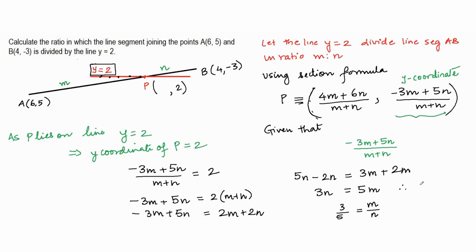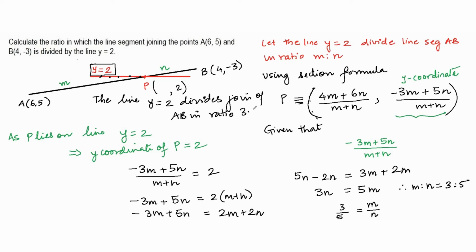Therefore m is to n is equal to 3 is to 5. Therefore, the line y equals 2 divides the join of AB in the ratio 3 is to 5. This is my final answer.